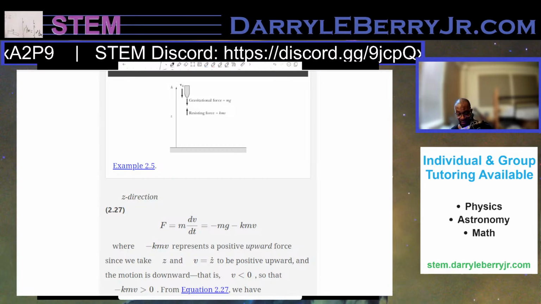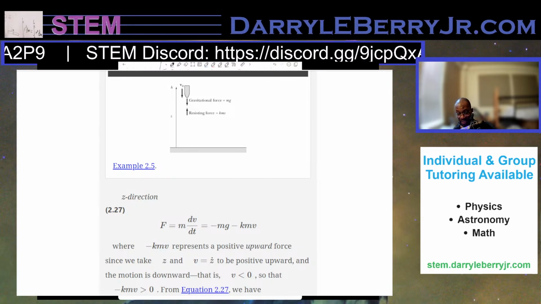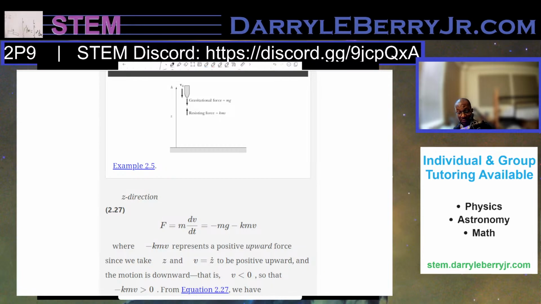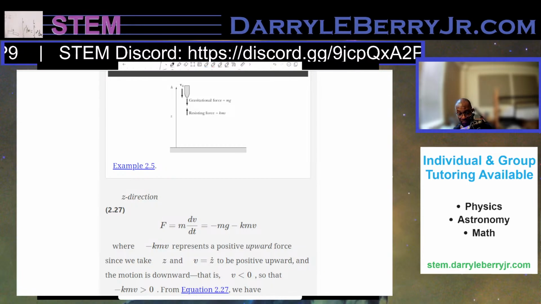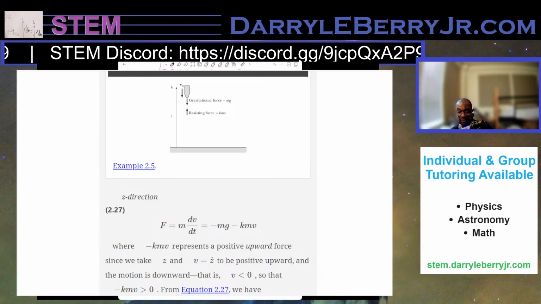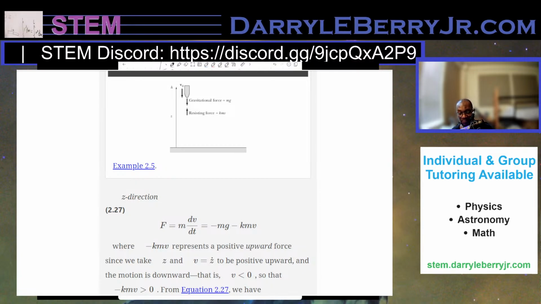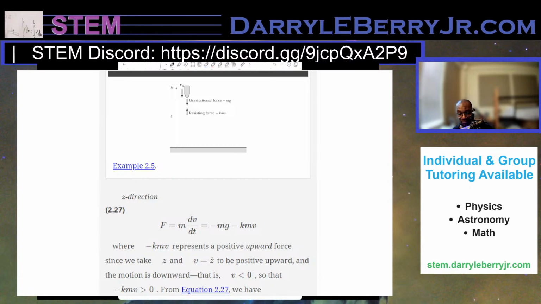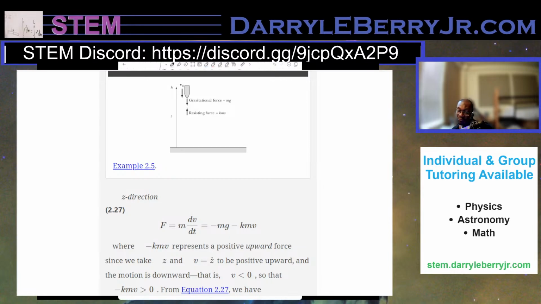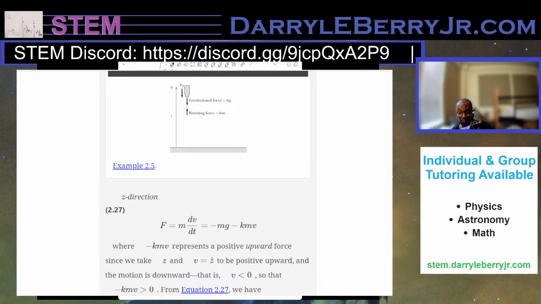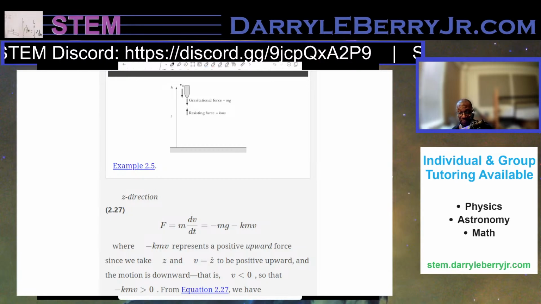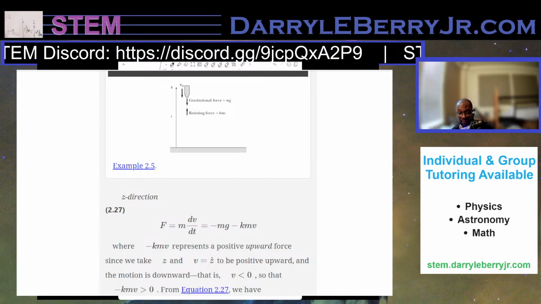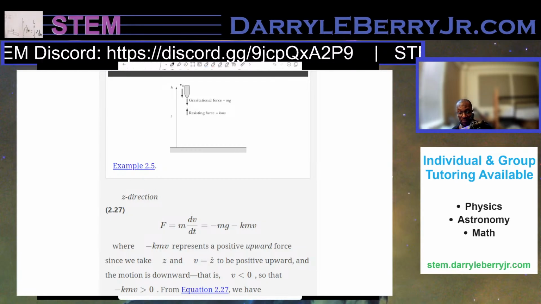That is, v is less than 0, so negative kmv is greater than 0. So they're saying negative mg is down. V is negative already. You have to put a negative in front of that to make it go up.